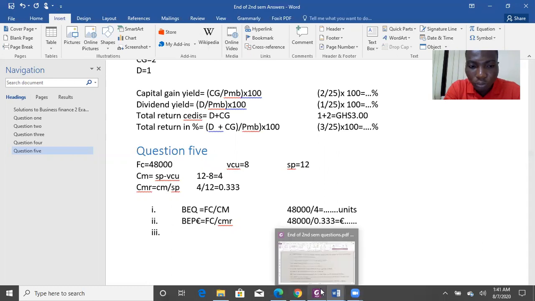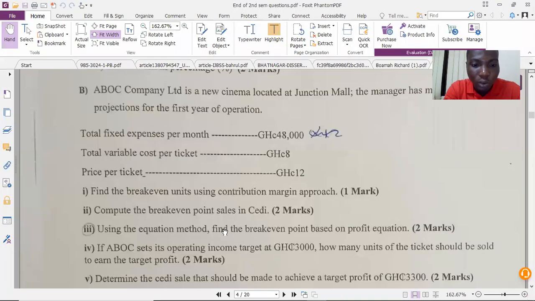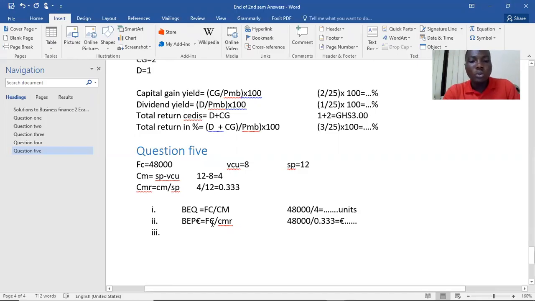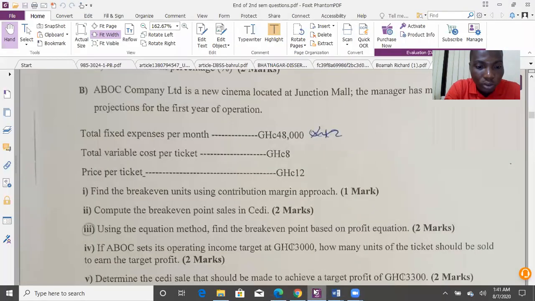Now, the next question says, using the equation method, find the break-even point based on profit equation. Using the equation method, is it profit level units?